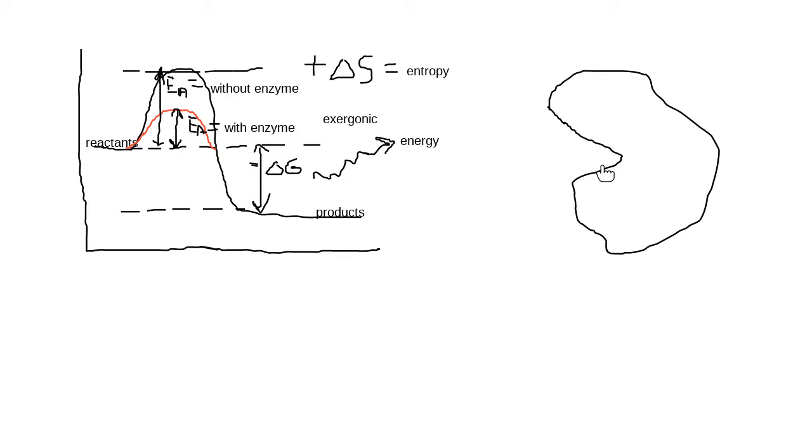But it doesn't change the overall delta G. That's always the same, regardless of whether the enzyme is there or not. It changes the EA values, the activation energy value, but it doesn't change the difference in free energy. Okay, so for example, this reaction here, would this reaction be more likely to be photosynthesis or cellular respiration?